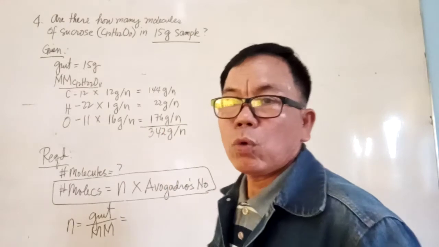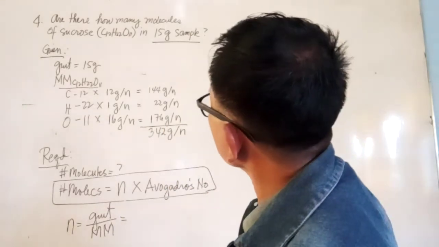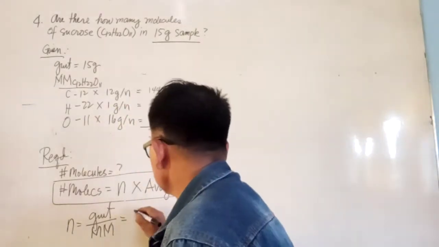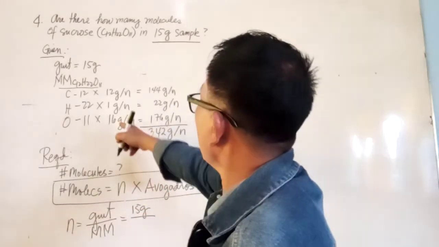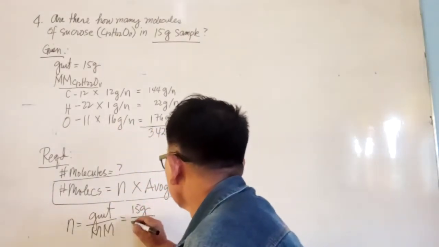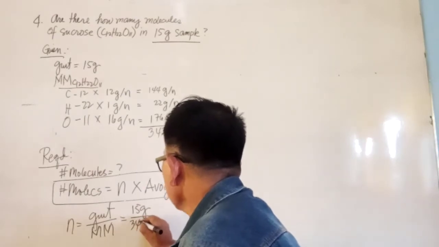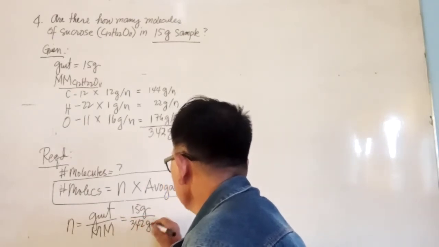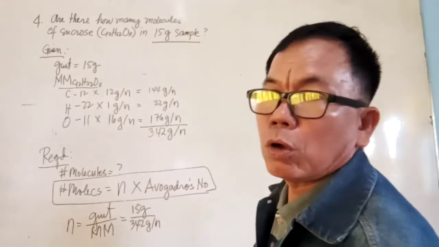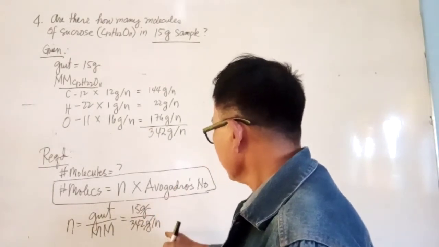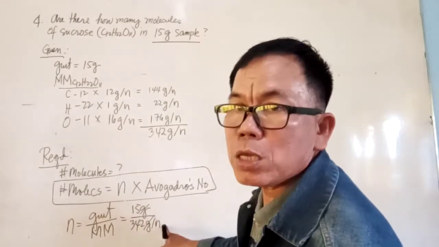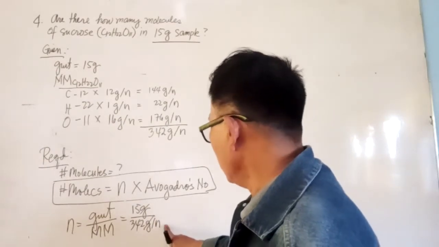Now, with that, we have to find out the given weight, that is 15 grams. 15 grams divided by the molar mass of sucrose, which is 342 grams per mole. Okay, we have to cancel the unit grams so that the remaining unit now is expressed in the number of mole.